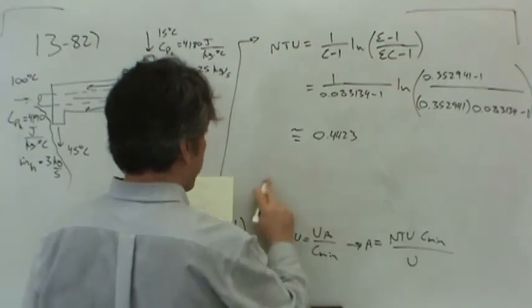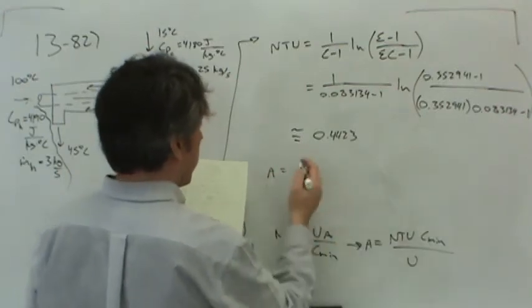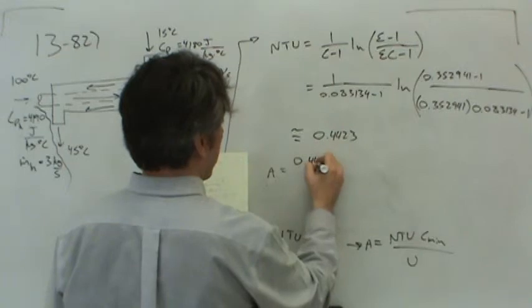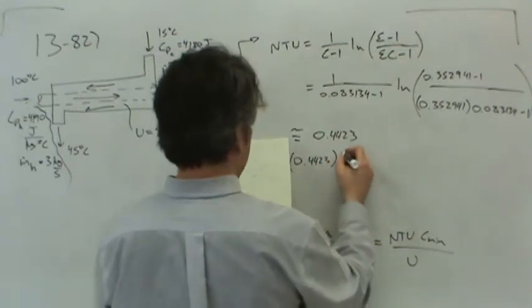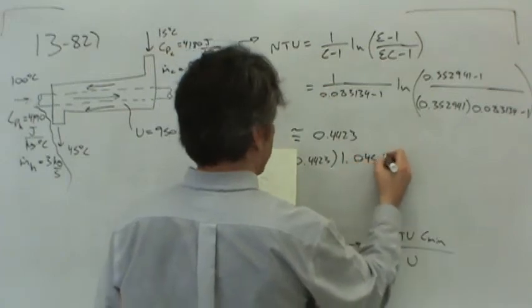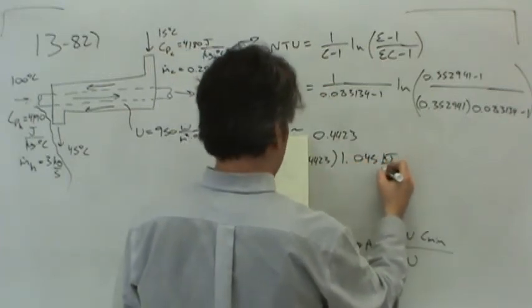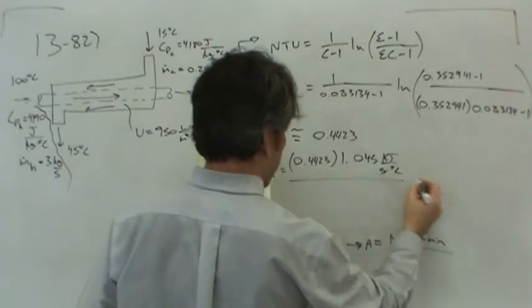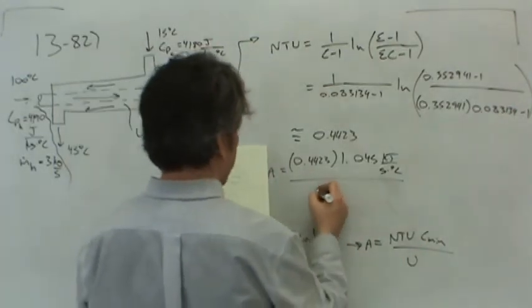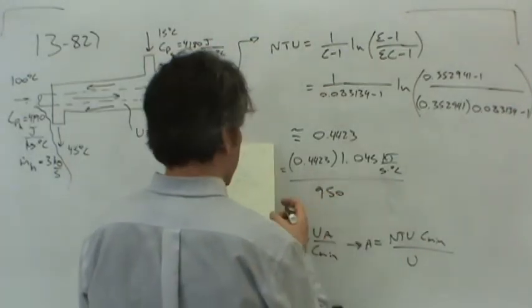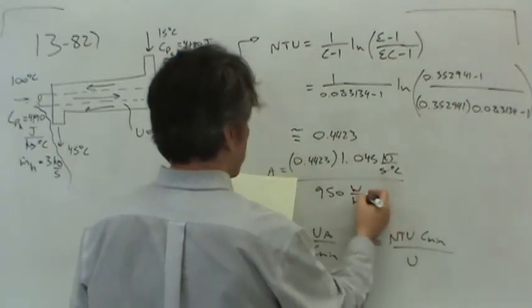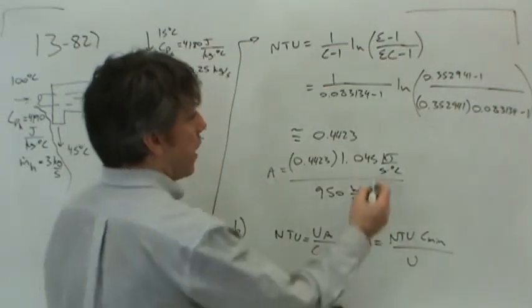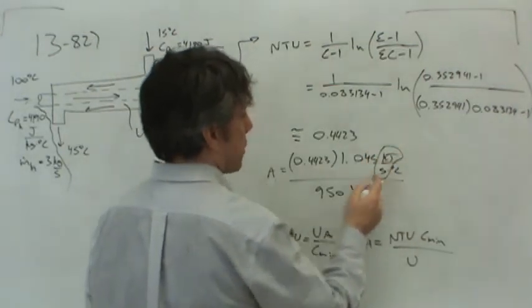So the area would be number of transfer units, 0.4423, which is dimensionless, multiplied by the minimum capacity rate, 1.045 kilojoules per second per degree Celsius, divided by the overall heat transfer coefficient, 950 watts per square meter per degree Celsius. Now you have to be a little bit careful here. A kilojoule per second is not the same thing as a watt.